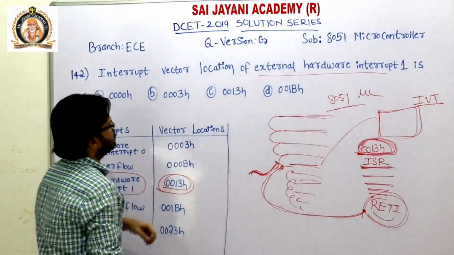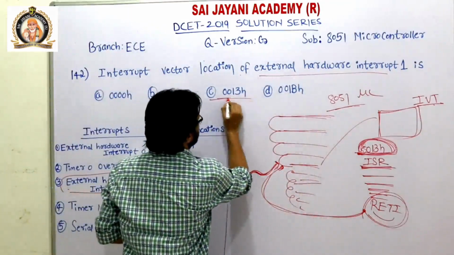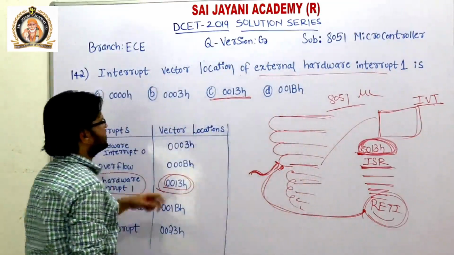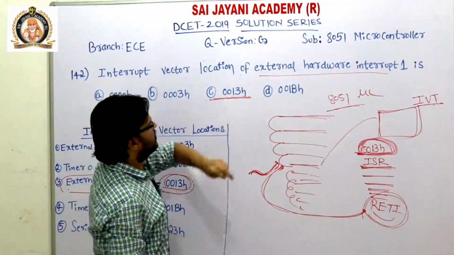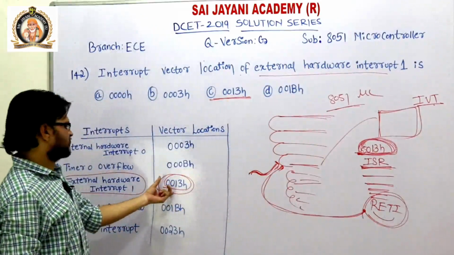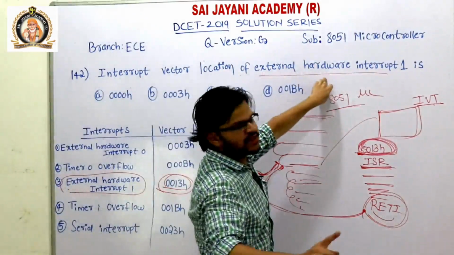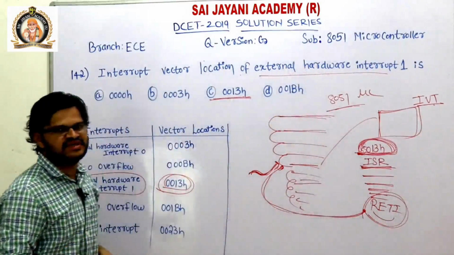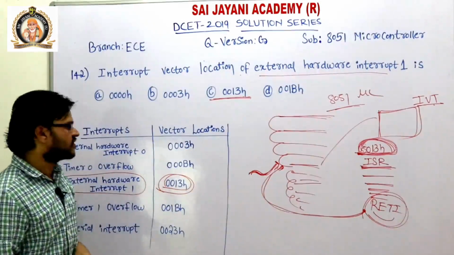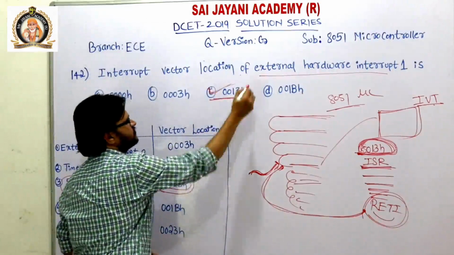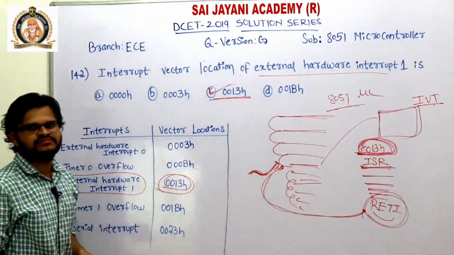So the right option is 0013H. It is the interrupt vector location when the external hardware interrupt signal is raised. So the third option, 0013H.